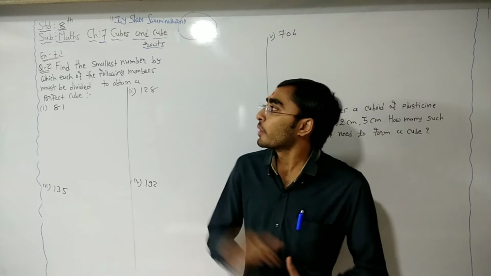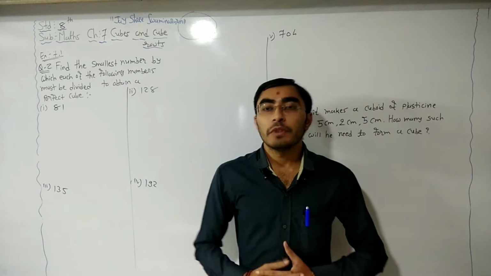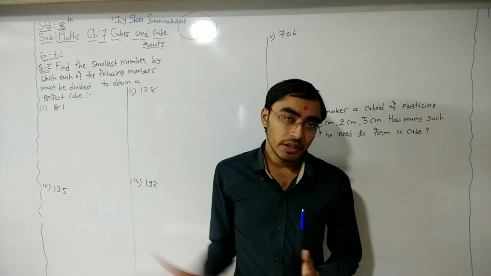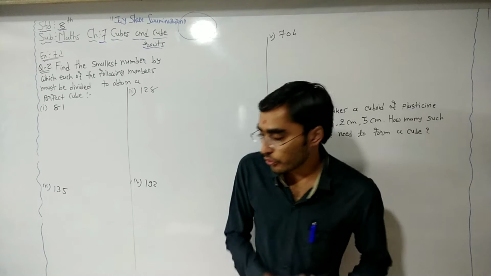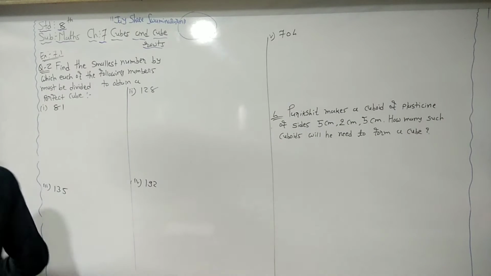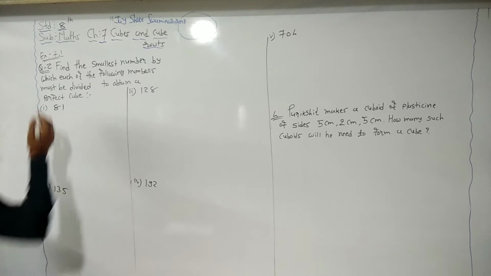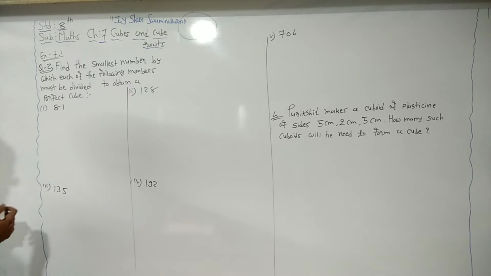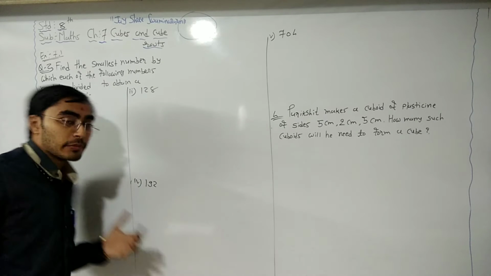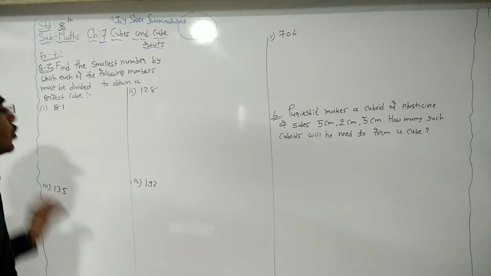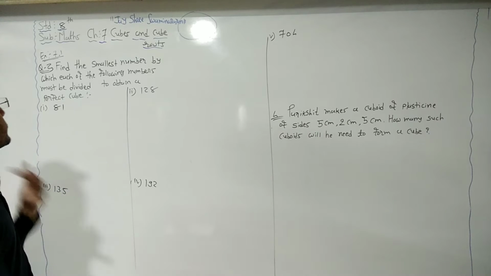Now let's move forward. Exercise 7.1, question number 3. First of all, read this question. Find the smallest number by which each of the following numbers must be divided to obtain a perfect cube number.